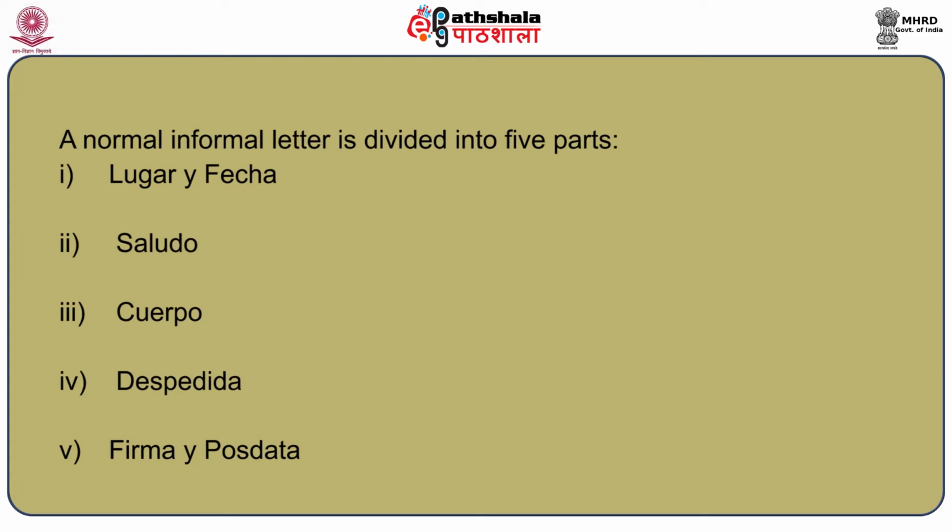Saludo, that is greeting. So the second part of any informal letter after date and place is the greetings, that is luego saludamos al destinatario y después de escribir el nombre se insertan 2 puntos.